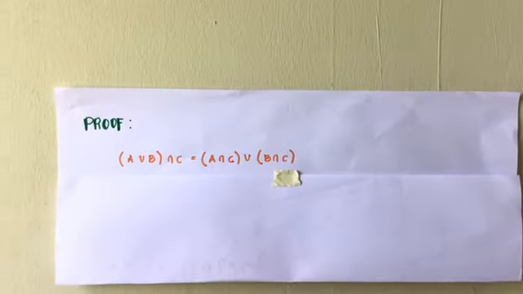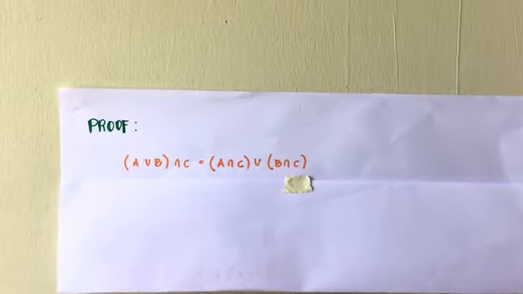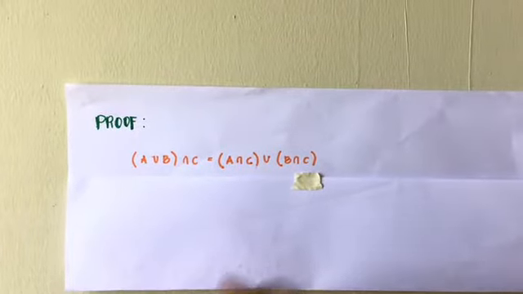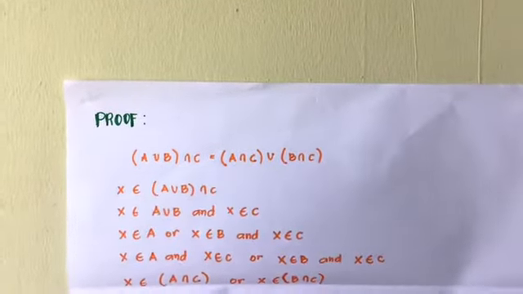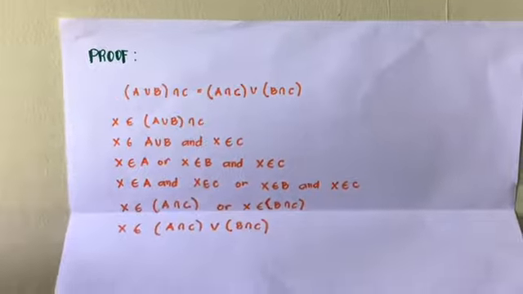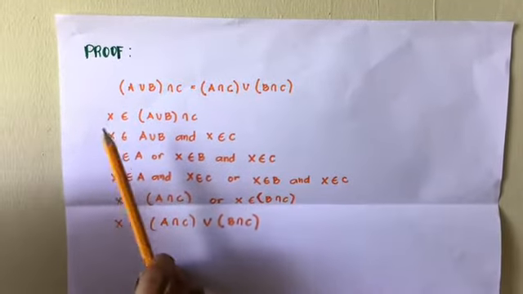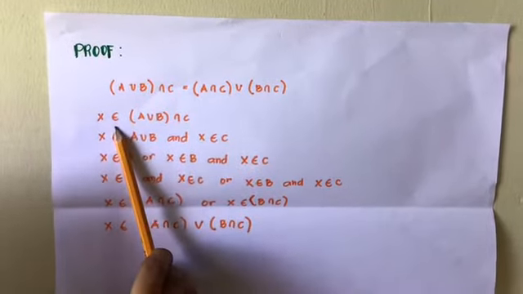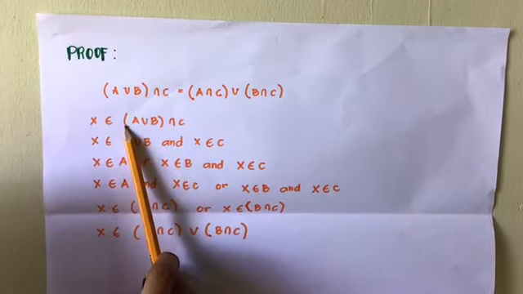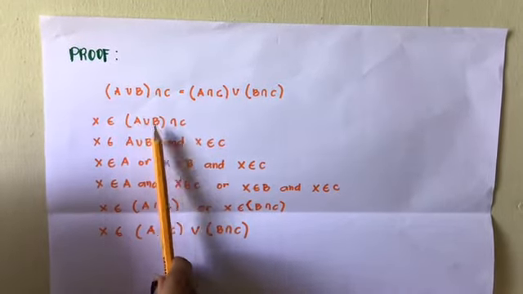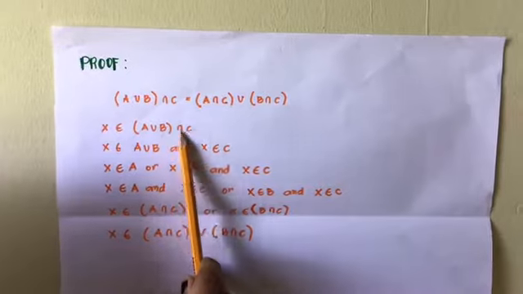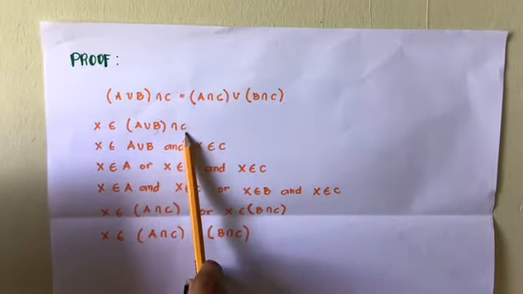Now we are going to prove the distributive property using De Morgan's law. Let's assume that x is an element of open parenthesis A union B close parenthesis intersection C.